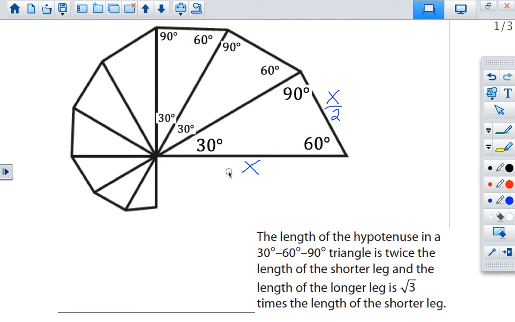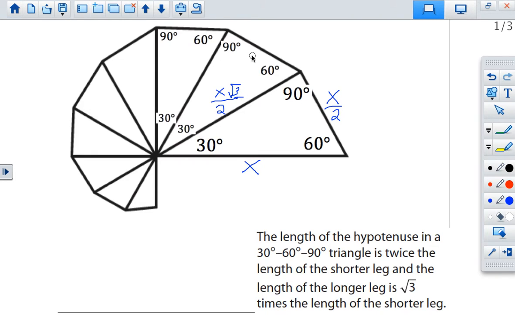We times that by 2 to get the hypotenuse, so it would just be x. And then the length of the longer leg is the square root of 3 times the length of the shorter leg. So to find this length here, it would be x divided by 2 times the square root of 3.